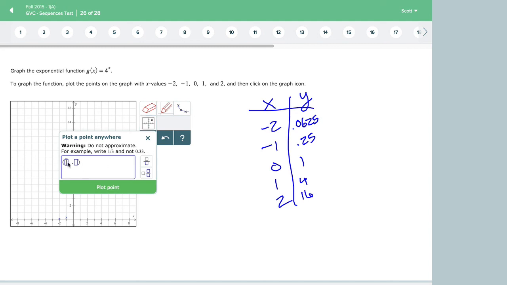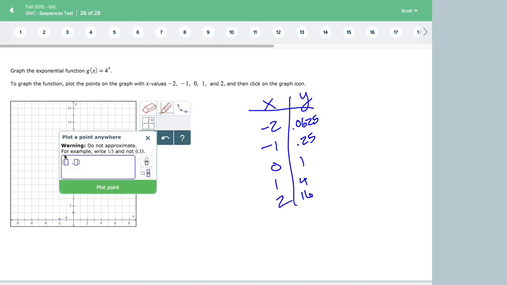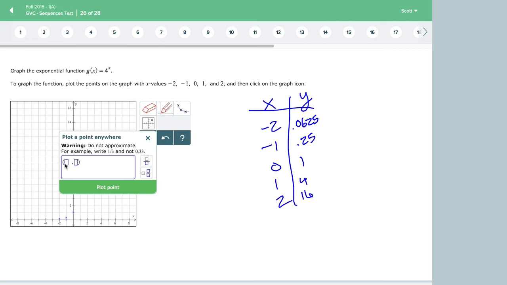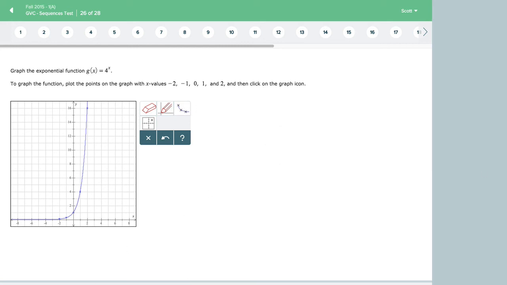And then the next one is 0, 1, plot point. And the next one is 1 and 4, plot point. So you see I'm just plotting the points all along. And then the next one is 2 and 16, plot point. And then click this button right here to just draw the line. And that's how you graph those. 2 more.